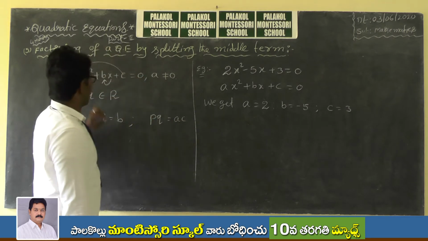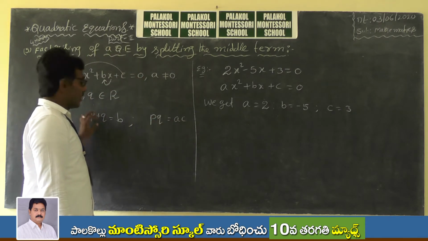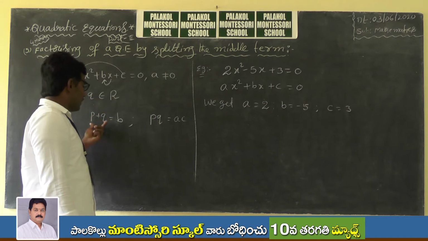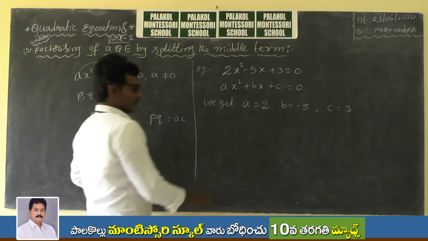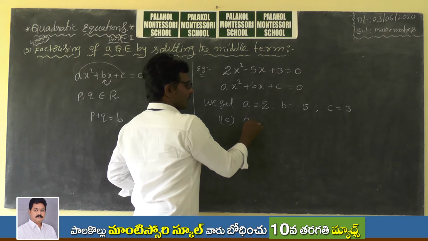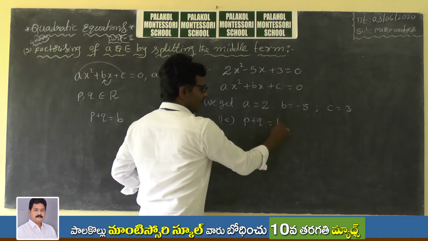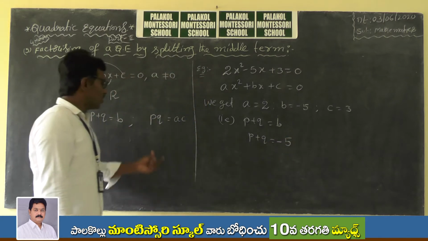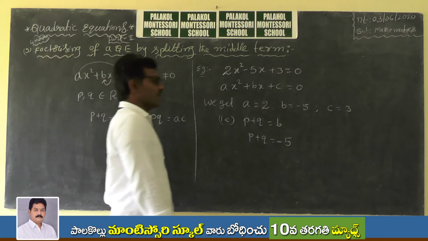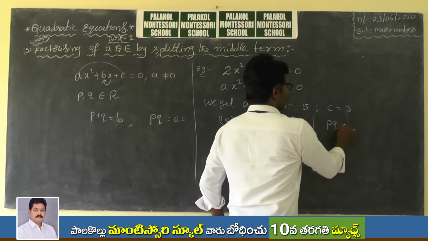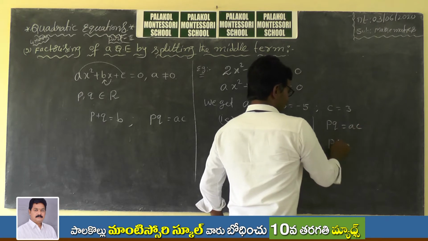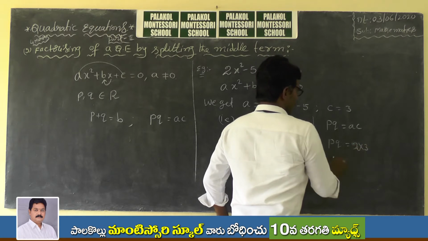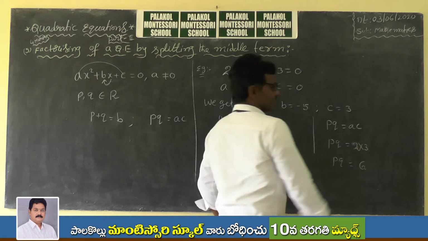You select 2 numbers p and q belonging to R. So p plus q is equal to b, that is p plus q equal to minus 5. The product of p and q is equal to the product of a and c, that means p q is equal to 2 into 3. So pq is equal to 6.